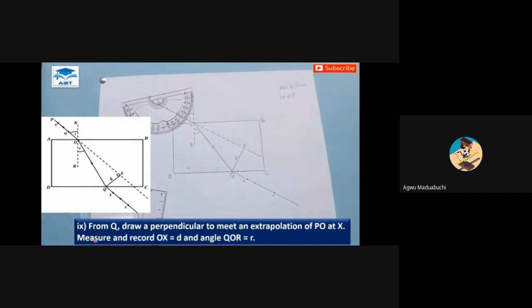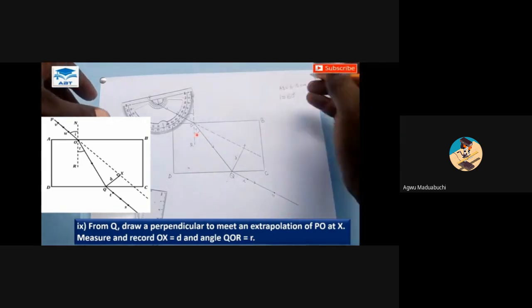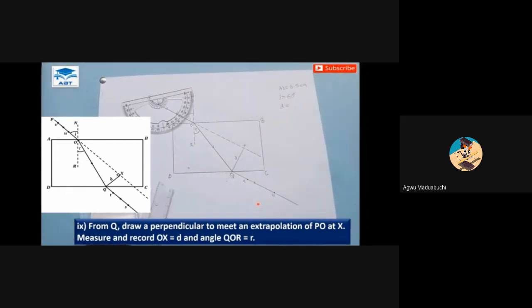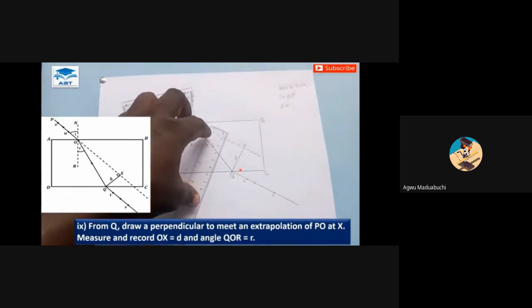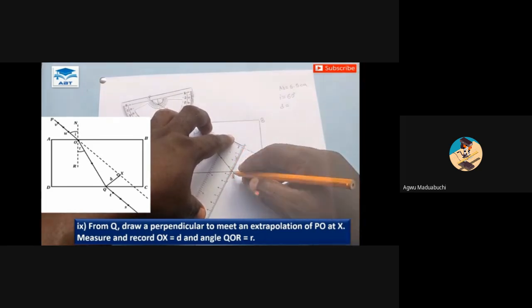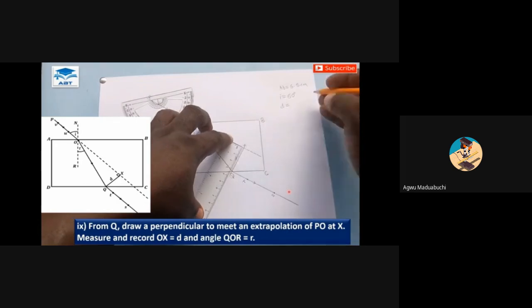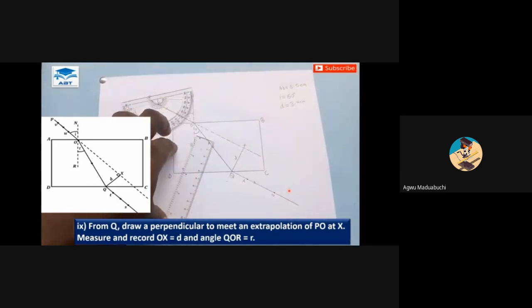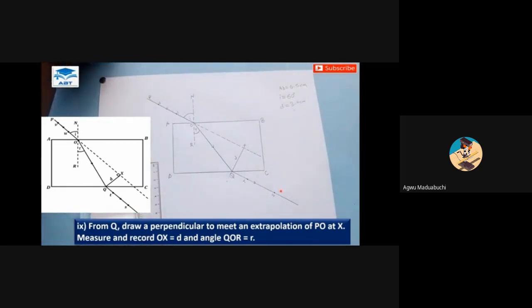Okay, so did you see how he picked that lateral displacement D? Yes. Very good. So he now measured the length, the lateral displacement, then he's about to measure and record. Did you pick that? Yes, sir.